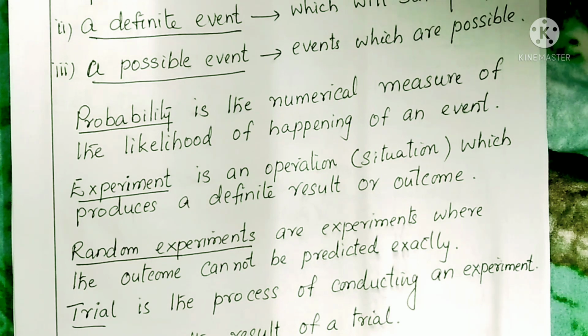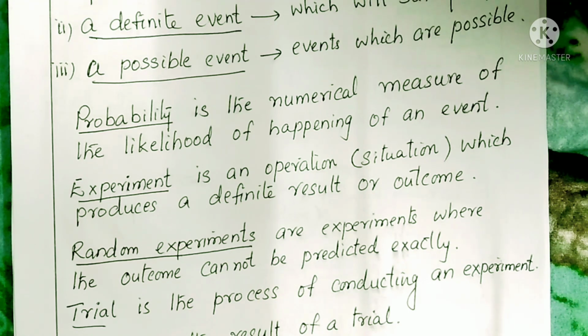Random experiments means you know that there will be outcomes, that we are sure, but what will be the outcome we are not sure. That is, when you throw a coin or a dice, the outcome is not known to us. You cannot predict it completely; you may assume this can come or that can come, but we cannot say surely that this only will come.